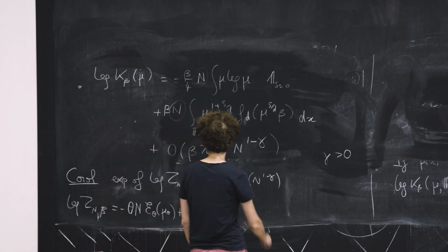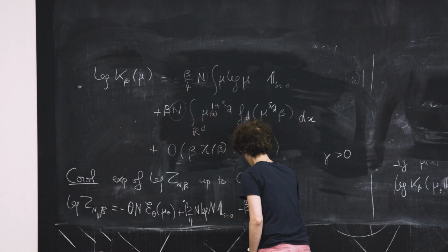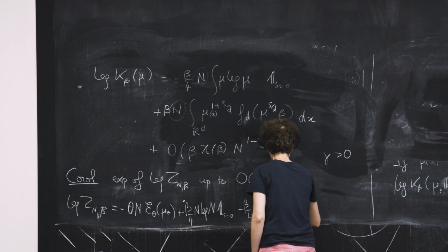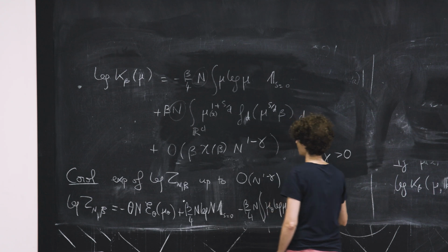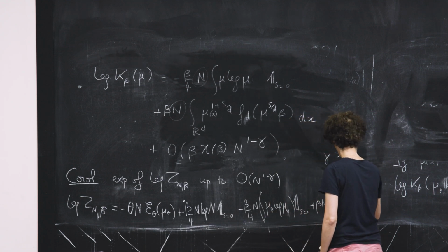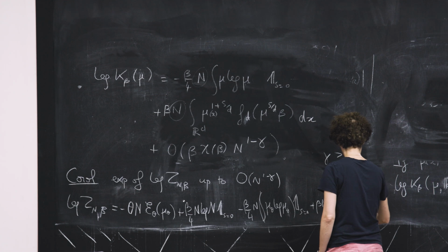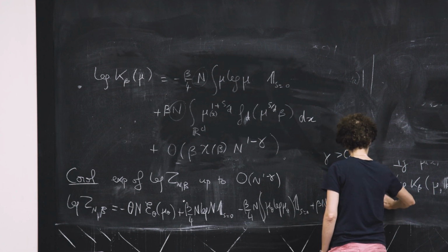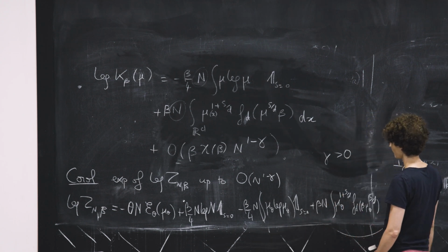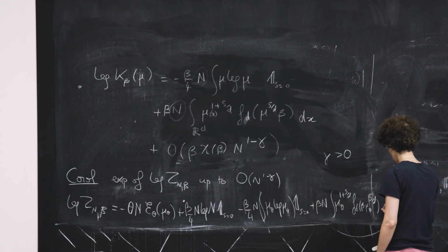So minus beta over 4 n, this with mu equals mu_theta, plus this O.